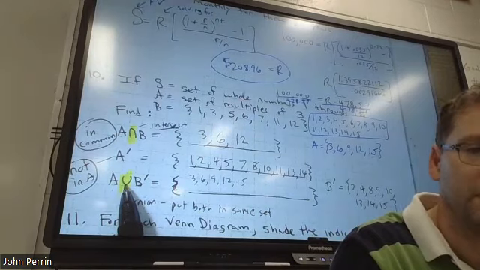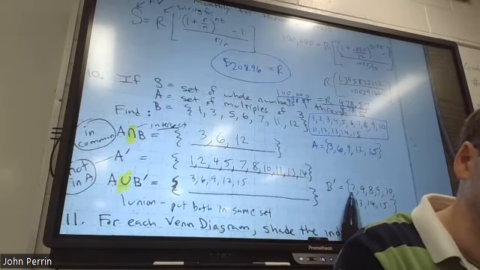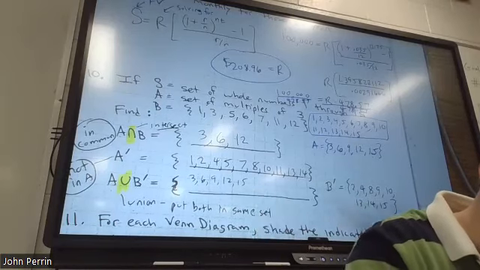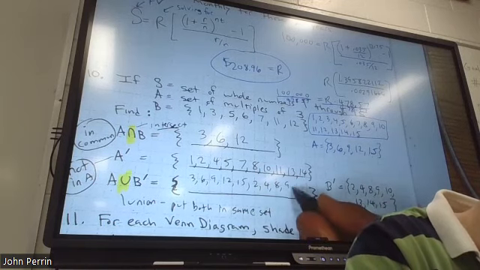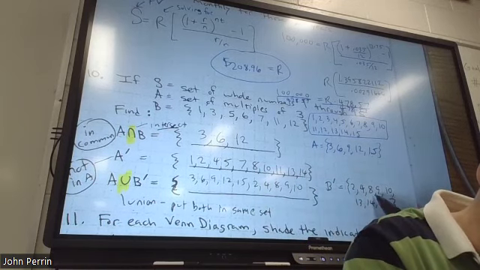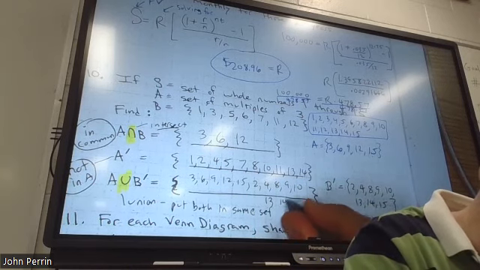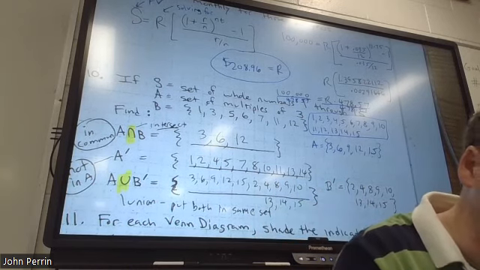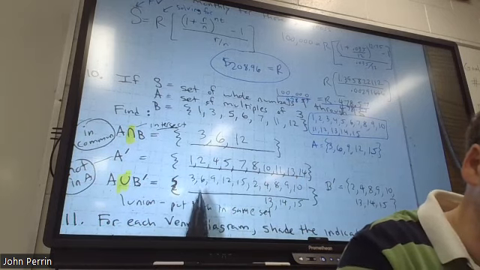So this is the union. So I'm taking this answer and combining it with this answer. So additionally, I'm going to have a 2, a 4, an 8, a 10. I meant to say a 9, a 10, a 13, a 14, and a 15. And of course, we don't really need to write our numbers twice.